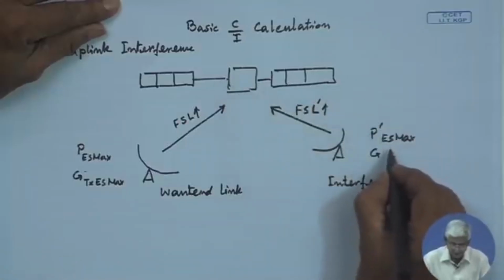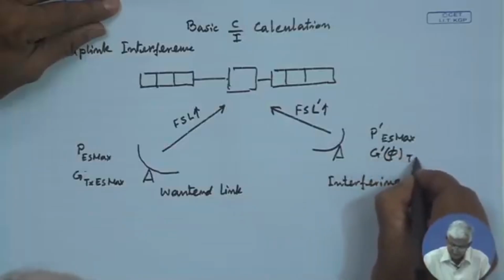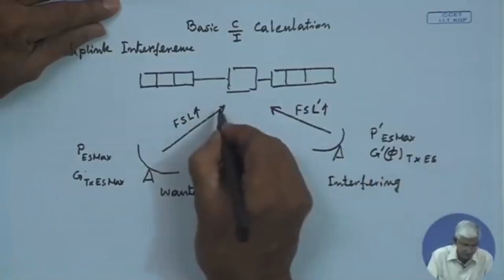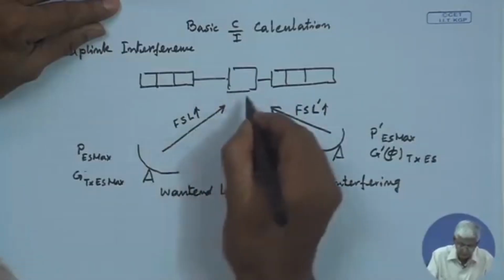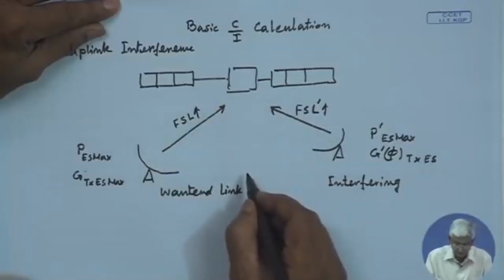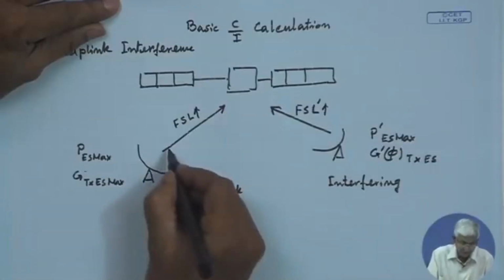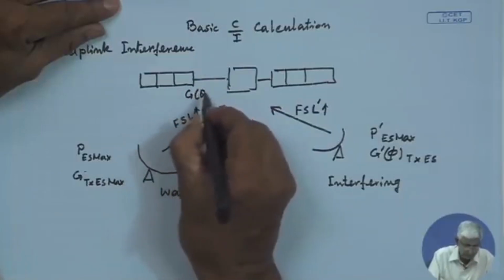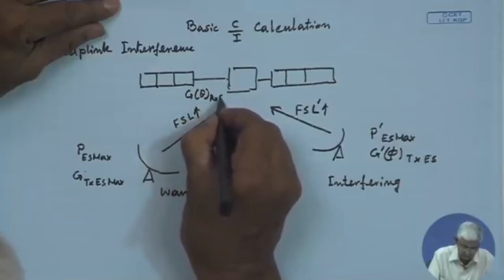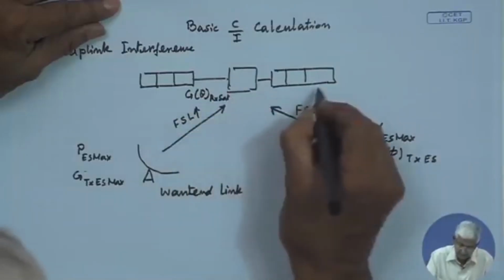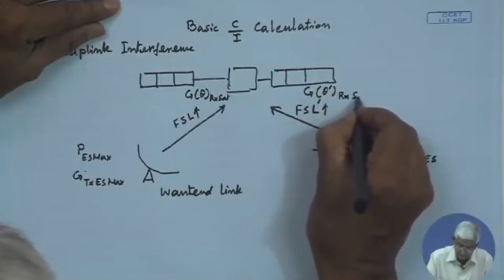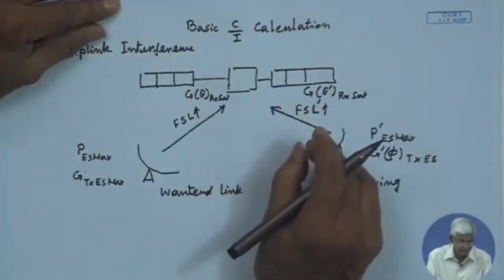So, we will call it G dash phi, because it is interfering at an angle phi, the transmit station. At the satellite, the antenna might be pointing theta degrees away from the wanted station. So, we will call G theta receive satellite, and here we call G theta dash receive satellite. It may be a slightly different angle.